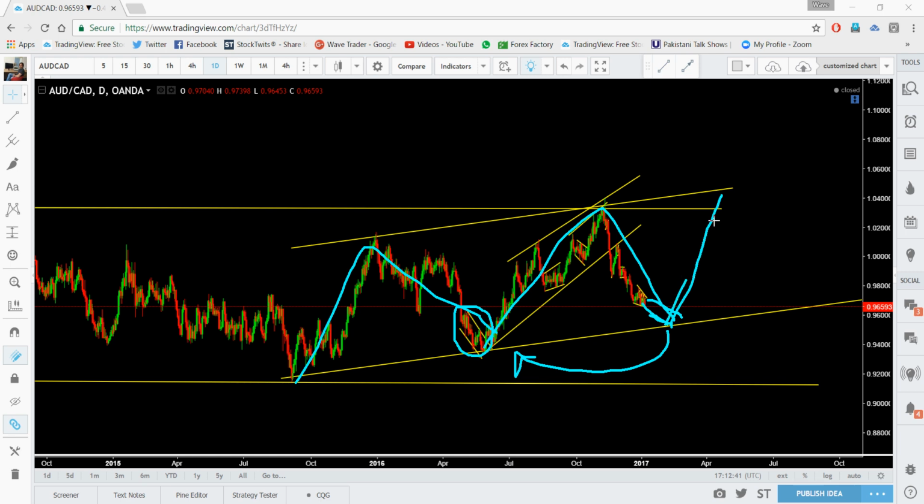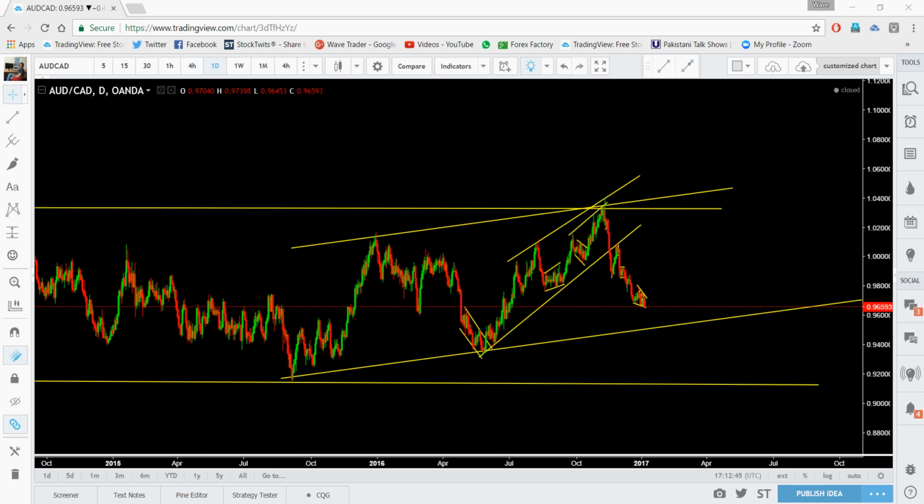If we don't get that, and price starts to form a continuation pattern over the trend line, then it means we are going to see continuation to the downside, no reversal at this place.